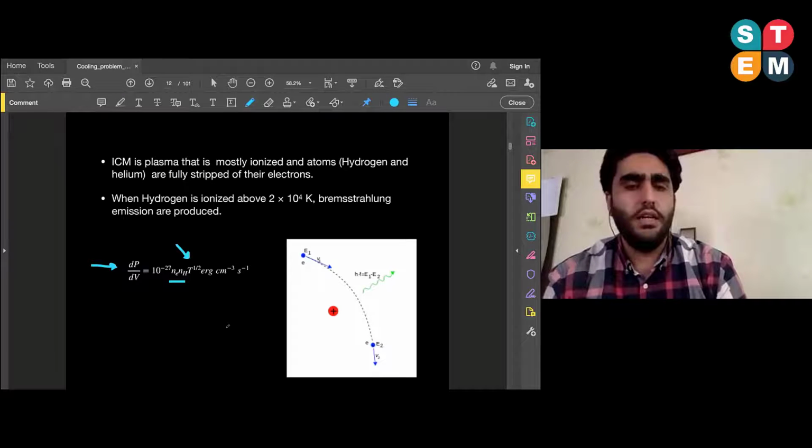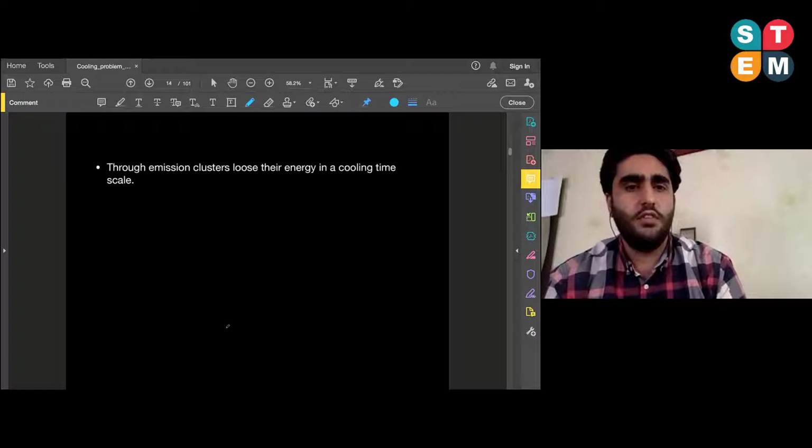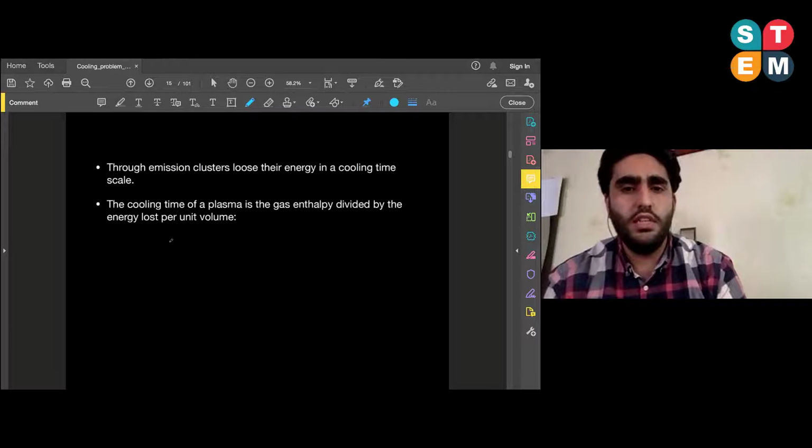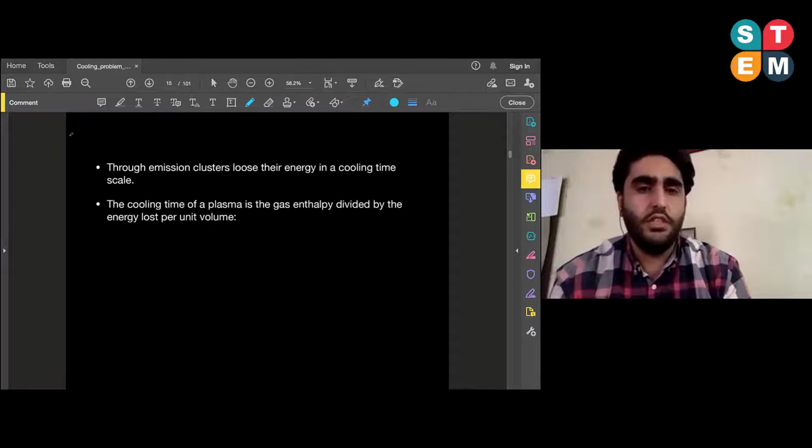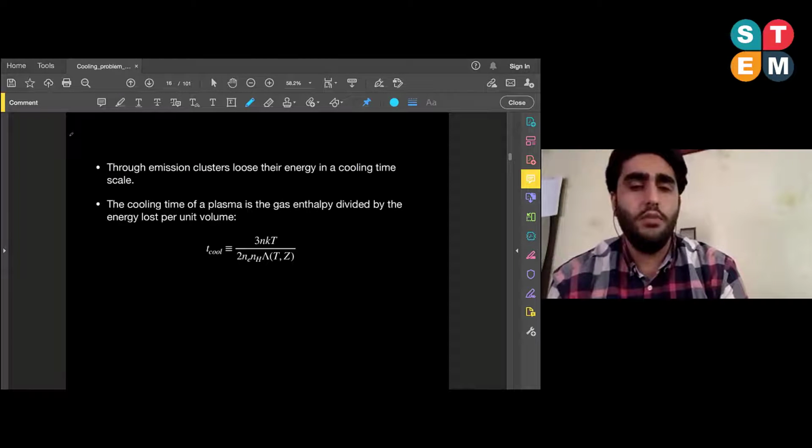Because of this radiation, clusters of galaxies are losing their energy, and we expect them to become cooler and cooler over time. As time passes, because a great deal of energy is escaping from the clusters via X-ray radiation, we expect clusters to become cooler and cooler.